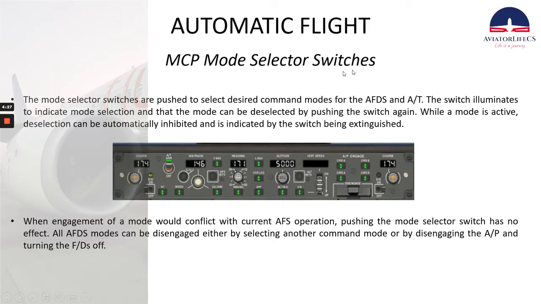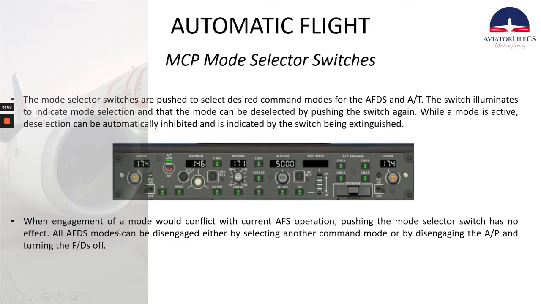MCP mode selector switches. The mode selector switches are pushed to select desired command modes for the AFDS and autothrottle. The switch illuminates to indicate mode selection, and the mode can be deselected by pushing the switch again. While a mode is active, this selection can be automatically inhibited and is indicated by the switch being extinguished.